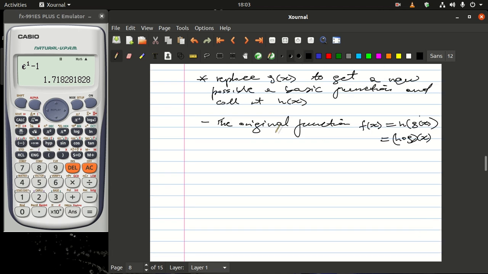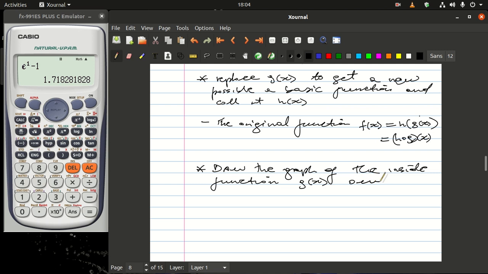Then, what do we do here? We say find the range. Most of the time when we say find the range, we are saying first draw the graph of the inside function g of x and find its range.